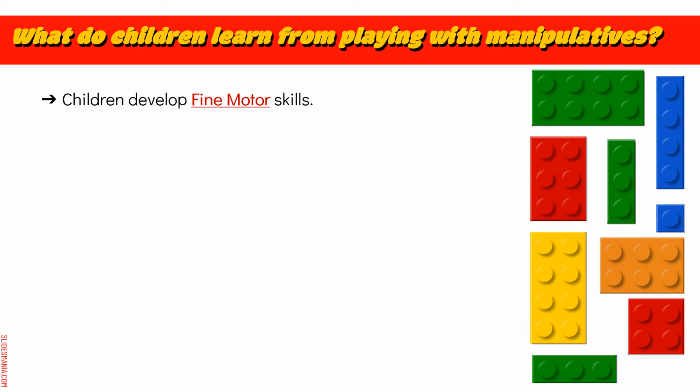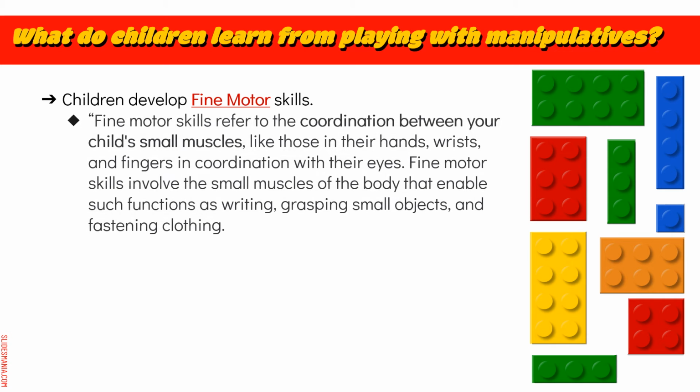First of all, children develop fine motor skills. Fine motor skills refer to the coordination between your child's small muscles, like those in their hands, their wrist, and their fingers, in coordination with their eyes. Fine motor skills involve the small muscles of the body that enable such functions as writing, grasping small objects, and fastening clothing.